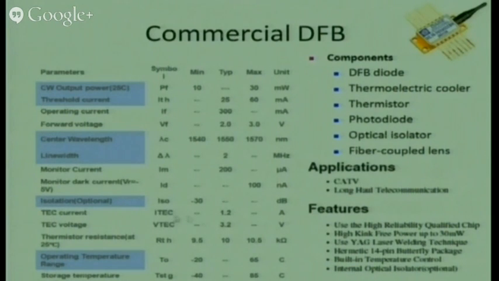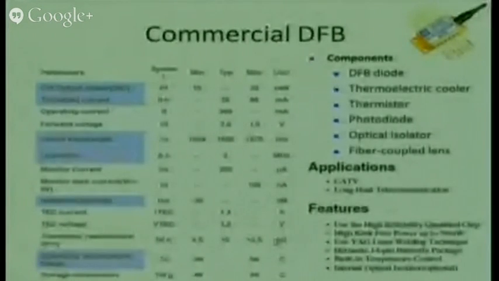Then the thermoelectric cooler: what is the maximum current I can feed in? Thermistor resistance: what is the resistance available to me from the thermistor? And this is the monitor photodiode current. So all these parameters are available within these small structures, within the setups.